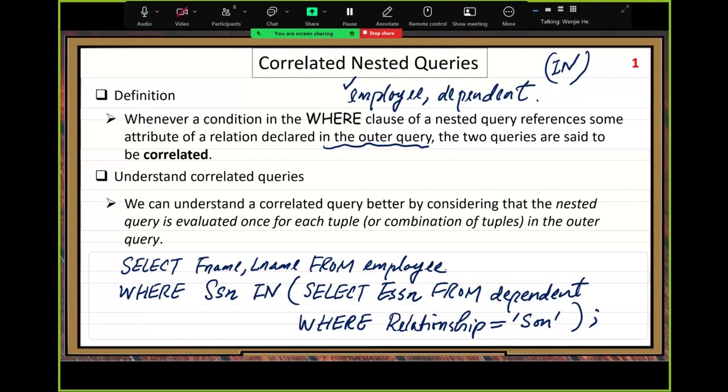Look at the outer query. The outer query goes through each employee, because the employee table has many employees.